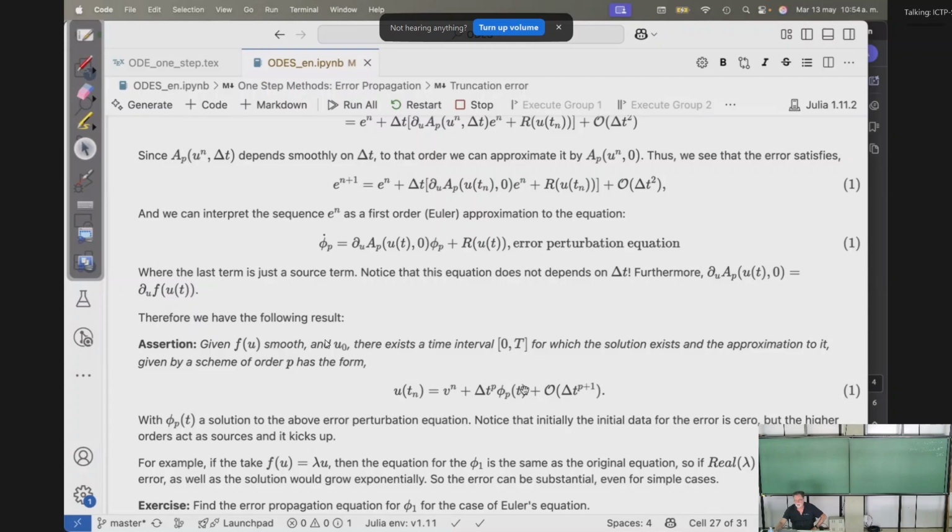And it's a function of t, which through this f of u depends on u, on the exact solution. But for our purpose, it's just a function of t. It doesn't depend on delta t, only on u and f. Right, so we get this relation.